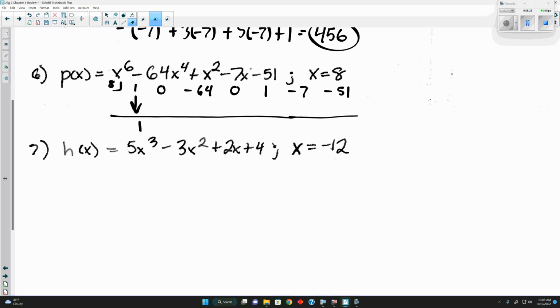So we can do 1 times 8 is 8, plus 8, 64, 0, 0, 0, 8 times 0 is 0, 1, 8, which would give us negative 43.